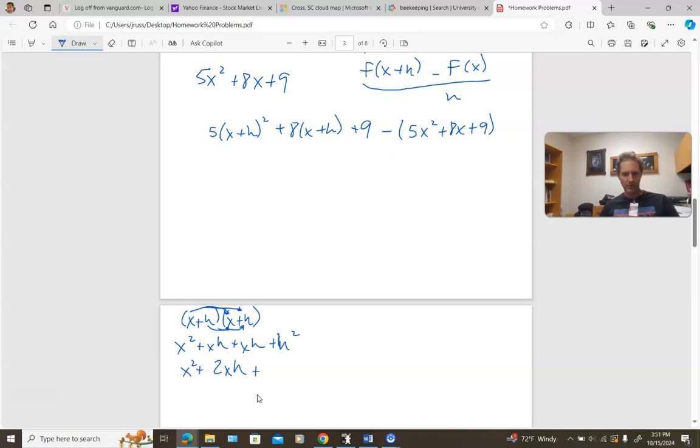And we'll recopy everything else. Okay, so now I'm going to come back up here. I've got to keep it in parentheses because I'll then have to distribute the 5. And I'll just go ahead and recopy the rest of it while I'm at it.